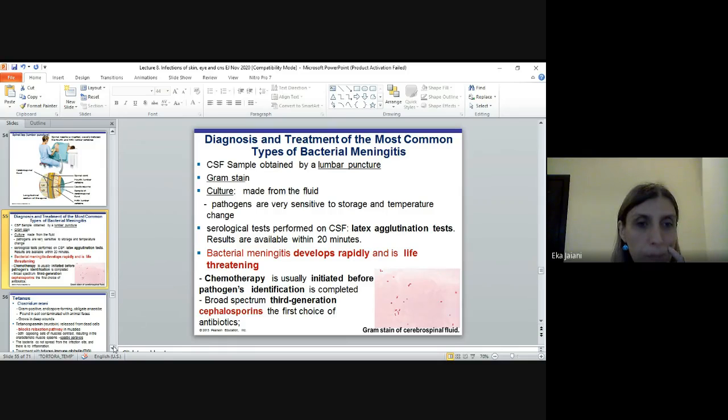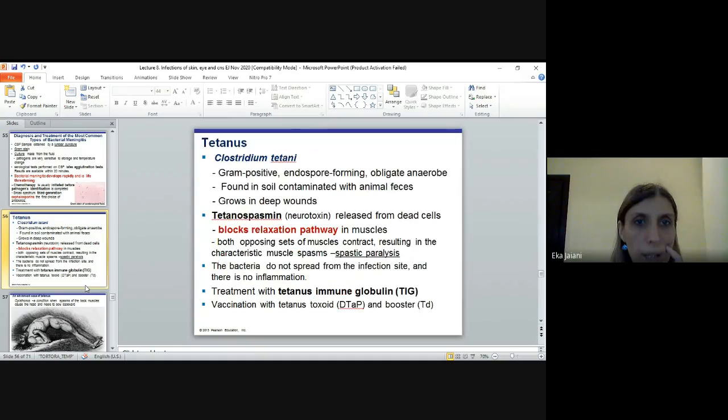Now, tetanus. It is caused by Clostridium tetani, and it was a deadly disease in the past, especially during the war. Many soldiers developed this tetanus.